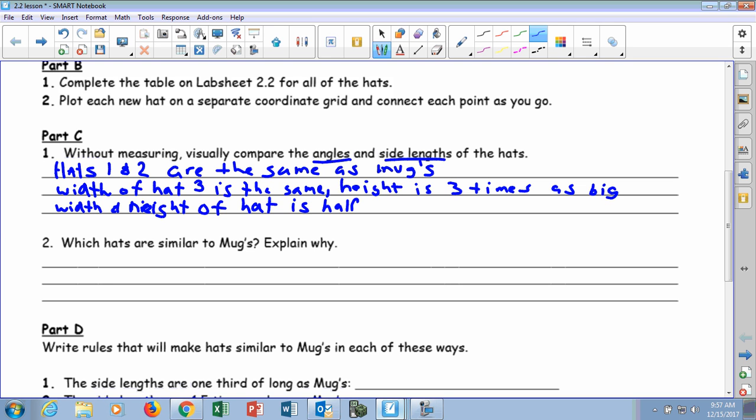Is half as big as Mug's, right? That got smaller. Now remember, why aren't we talking about hat 5 here? Because nothing's the same. We doubled one side, we tripled another, so it's all screwed up. And then the angles of hats 1, 2, and 4 are the same as Mug's.